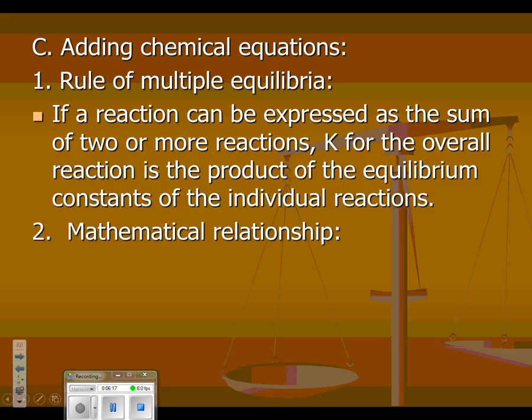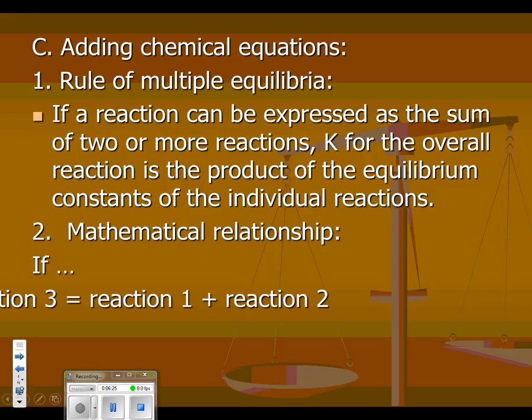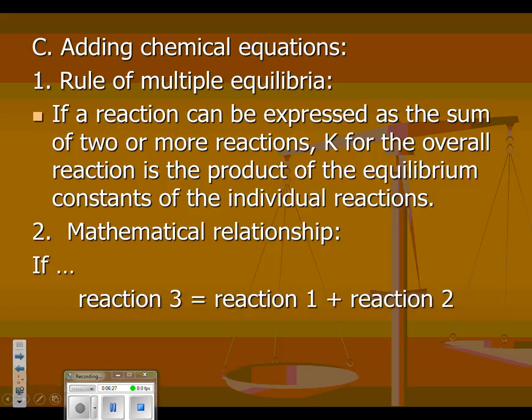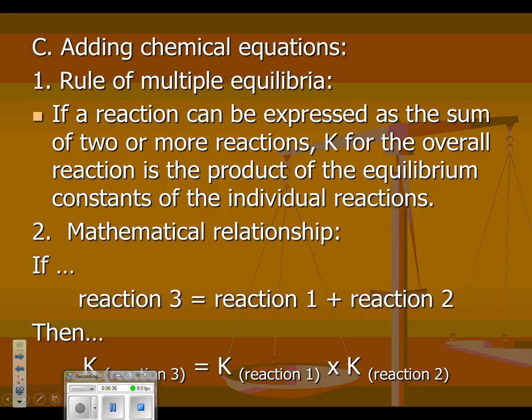Okay, so there's a lot of Ks. We do them all the same: products over reactants to the power of their coefficient. Okay, so the mathematical relationship here, if I'm adding, so I have reaction 3 is equal to reaction 1 plus reaction 2. If I add them, then I'm actually going to multiply the Ks.